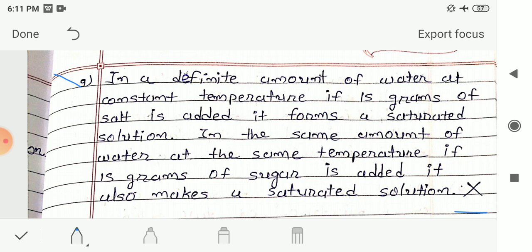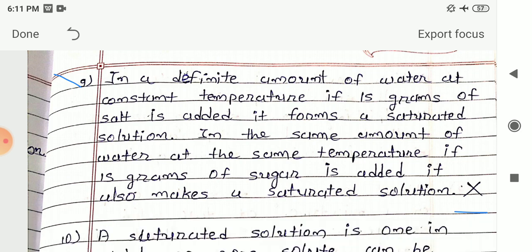The amount is different for different kinds of substance. We had seen in the last activity of the chapter that it takes a different amount of each substance to get the saturated solution. So here your answer is false.